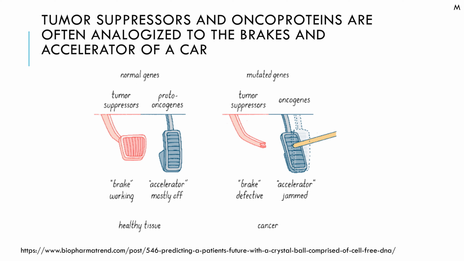The oncogenes at this point are the gas, and the gas is all the way down, right? We are signaling cell growth, that kind of thing. So that's your analogy for tumor suppressors versus oncogenes. The tumor suppressors are this brake which can become defective, or the oncogenes are this gas pedal that might be all the way to the floor in some cases. So with that, I'll push it back to Paul.